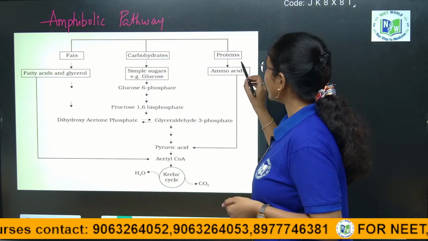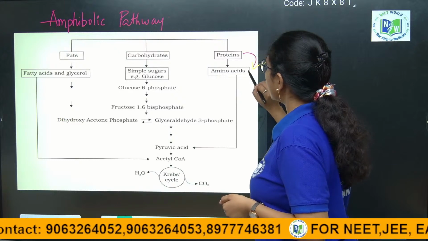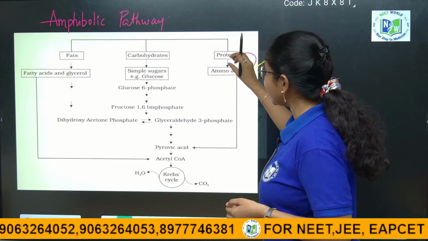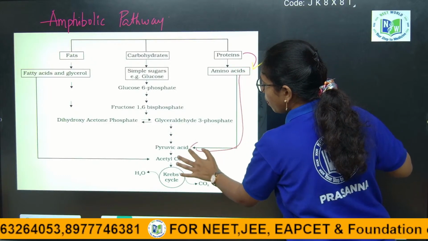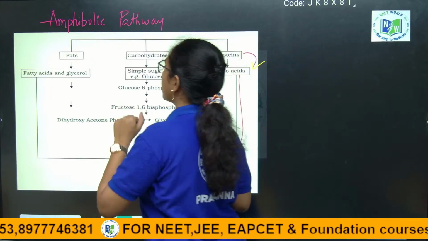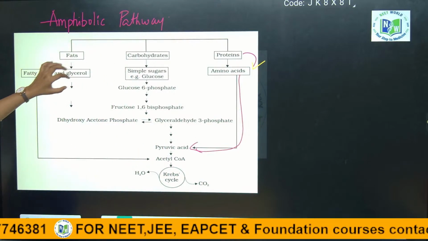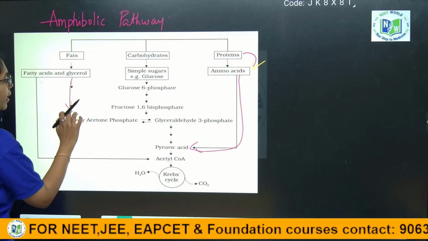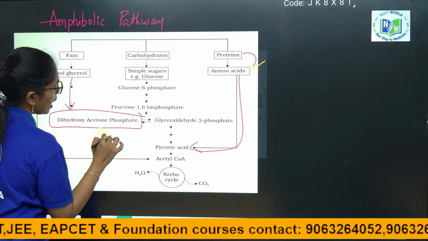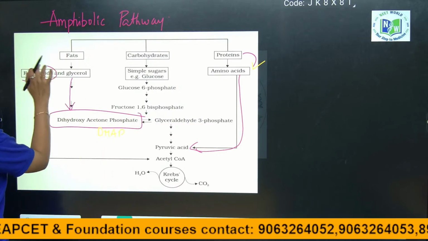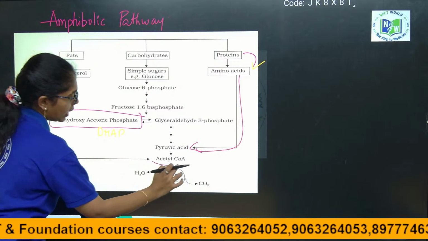Proteins are broken down to amino acids, which later convert into pyruvic acid. Fats are broken down to fatty acids and glycerol, wherein glycerol converts to DHAP, that is dihydroxyacetone phosphate, and fatty acids to acetyl CoA.